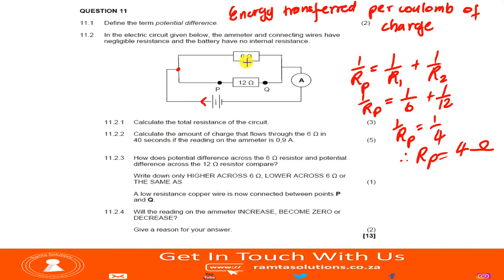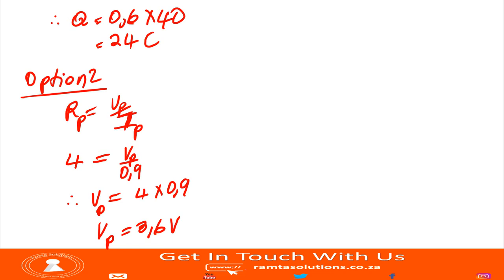Do we even know the current that's flowing here? In a way, yeah, we know it. We also know the formula V is equal to W over Q, but we don't have this part, so it'll be really a total waste of time.